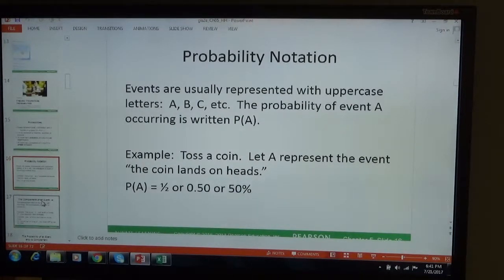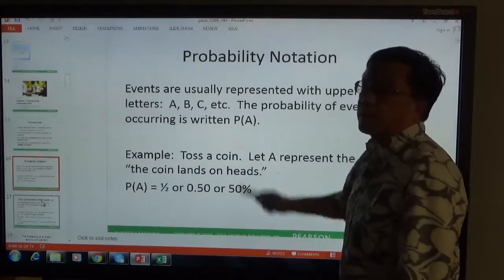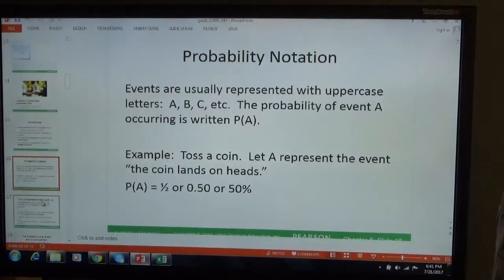Usually we write it this way: P is probability, then parenthesis A. A is the event, which can be any event: a head, a tail, you pass this class, you fail this class.